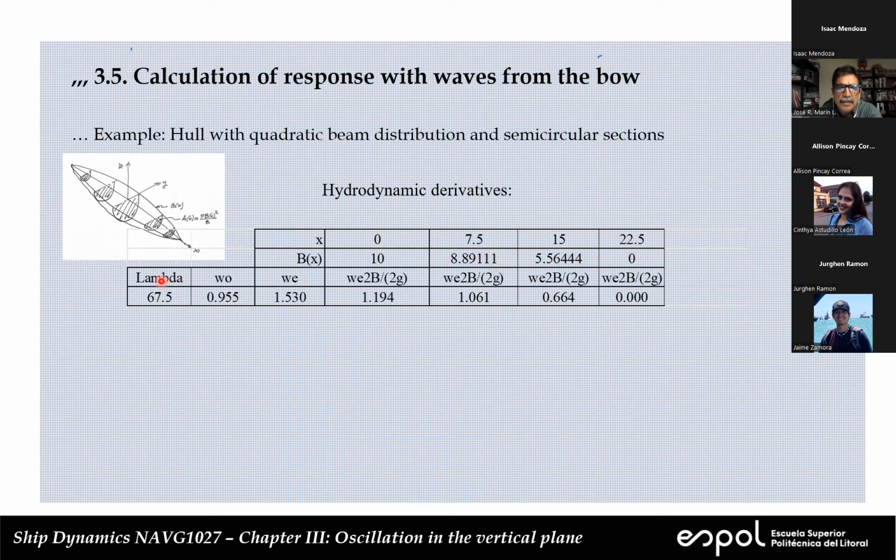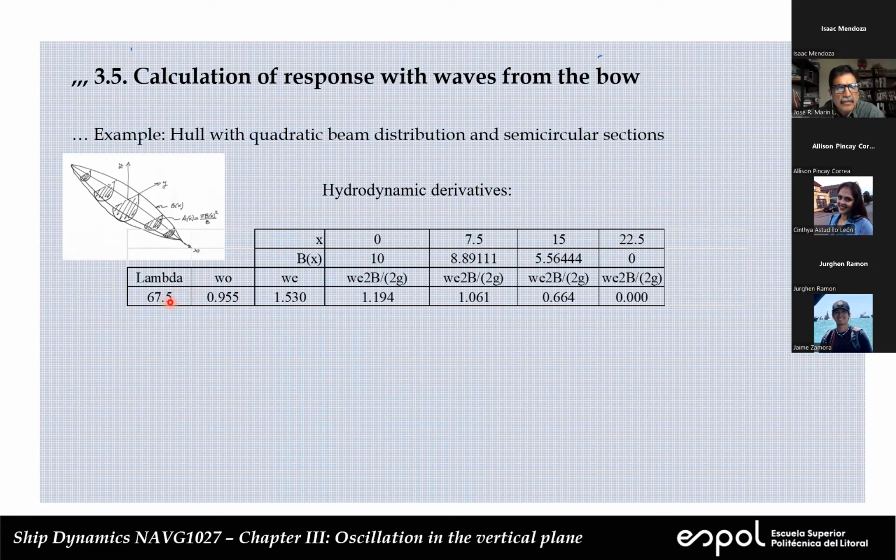Now, this calculation is specifically for one value of lambda. This is the wavelength, okay? So I take 67.5, which is about 1.5 times the ship length. Ship length is 45, okay? So it's basically 1.5 the ship length.